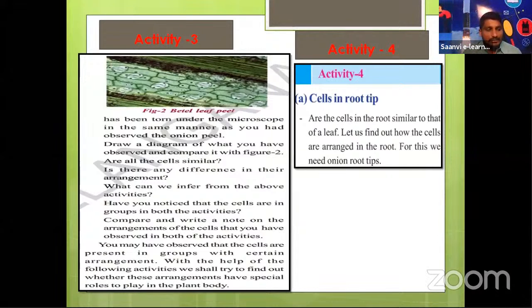Then gently cover the sample with a cover slip.